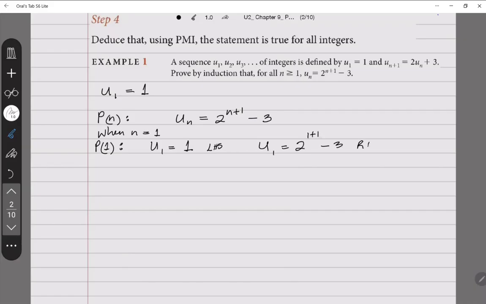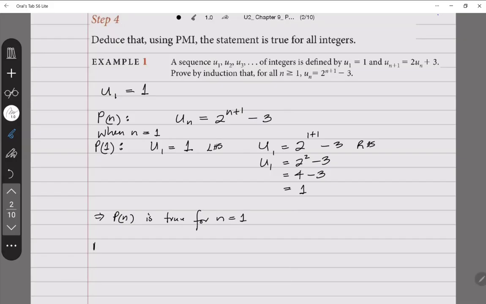So let's say that this is the right-hand side. So U1 would be equal to 2 squared minus 3. This would be 4 minus 3. This is 1. So U1 was given to be equal to 1, and now, using the formula, we also got that U1 is equal to 1. So we can say, therefore, Pn is true for n is equal to 1.